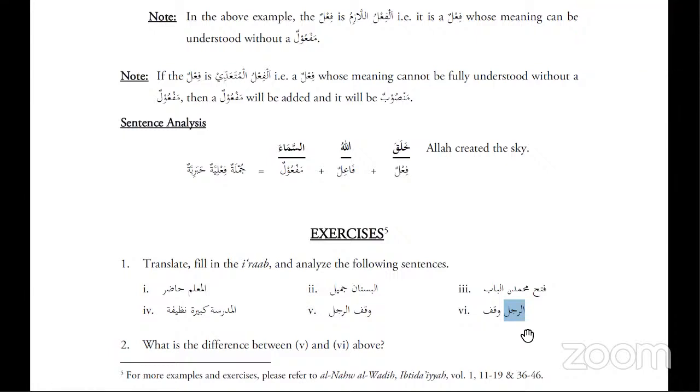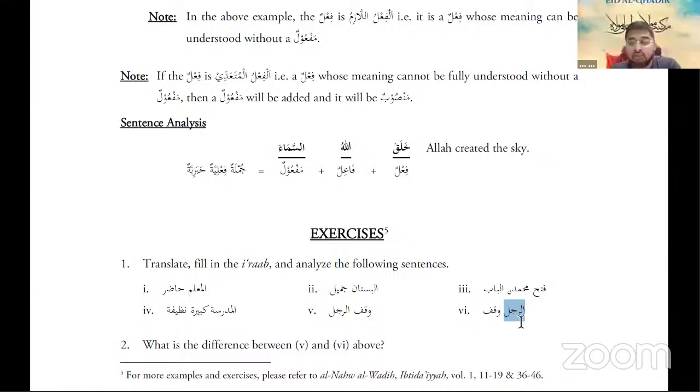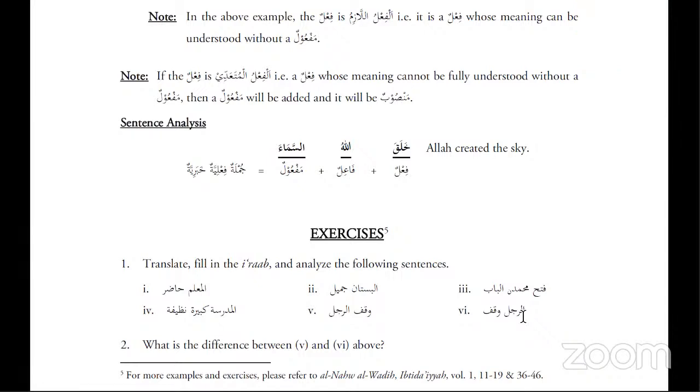It's the subject. Exactly. So here, ar-rajulu is the subject. Where is the predicate now? Waqafa is a verb, and it is situated in the place of the predicate, the khabar, of the subject, which is ar-rajulu.